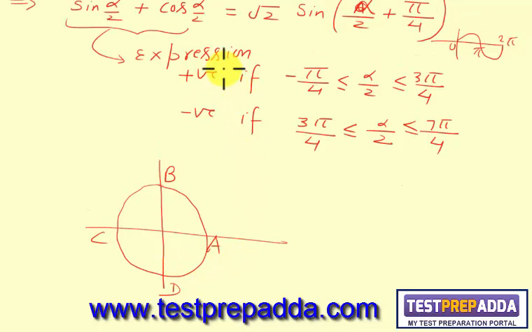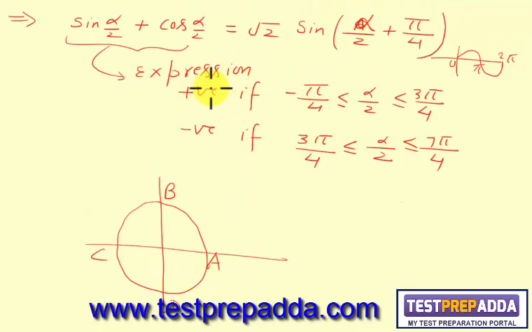The expression sin alpha by 2 plus cos alpha by 2 will be positive when alpha by 2 lies between minus pi by 4 to 3 pi by 4. So what I do, I will select that pi by 4 angle in a negative direction.